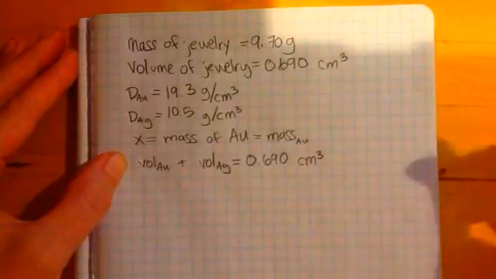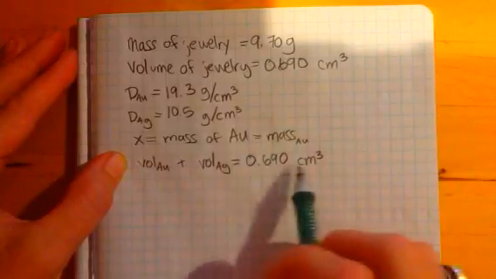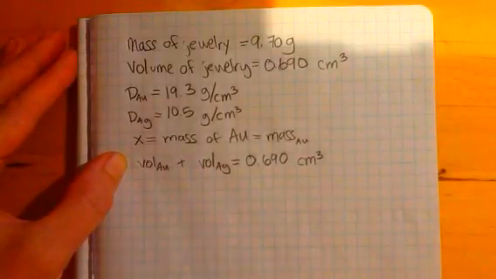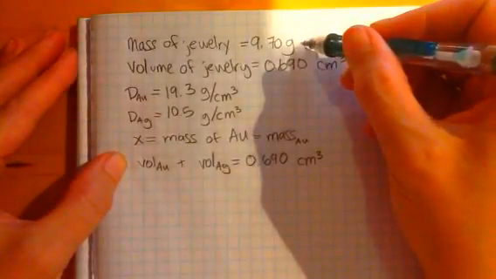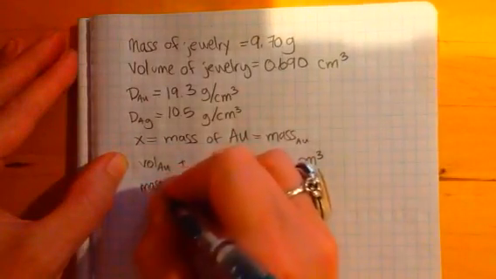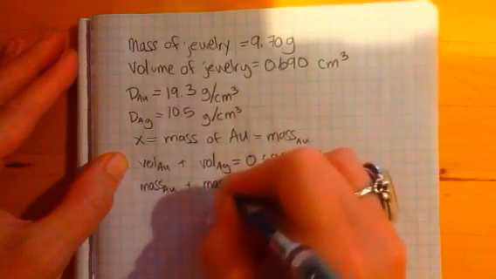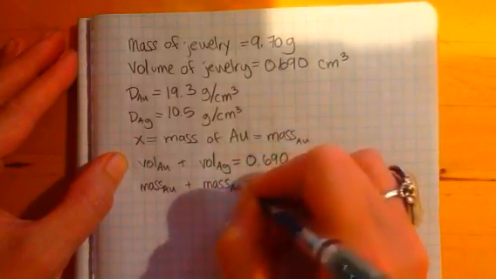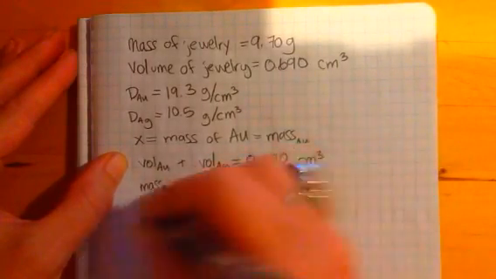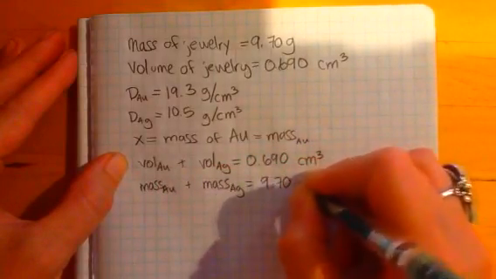Likewise, the mass of gold plus the mass of silver is going to be equal to 9.70 grams.